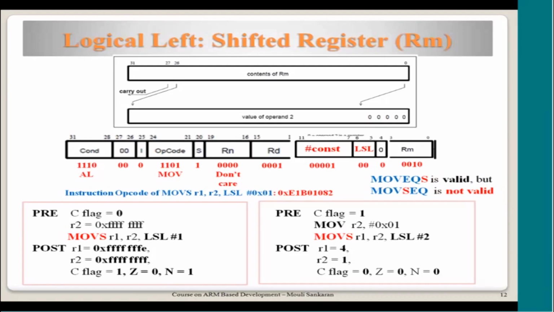One more thing for this particular format, you are supposed to give the conditional part, if that is required, first and then followed by the S. So this is not accepted as a valid instruction in our assembler, in our simulator also, and I think this is the standard format followed.